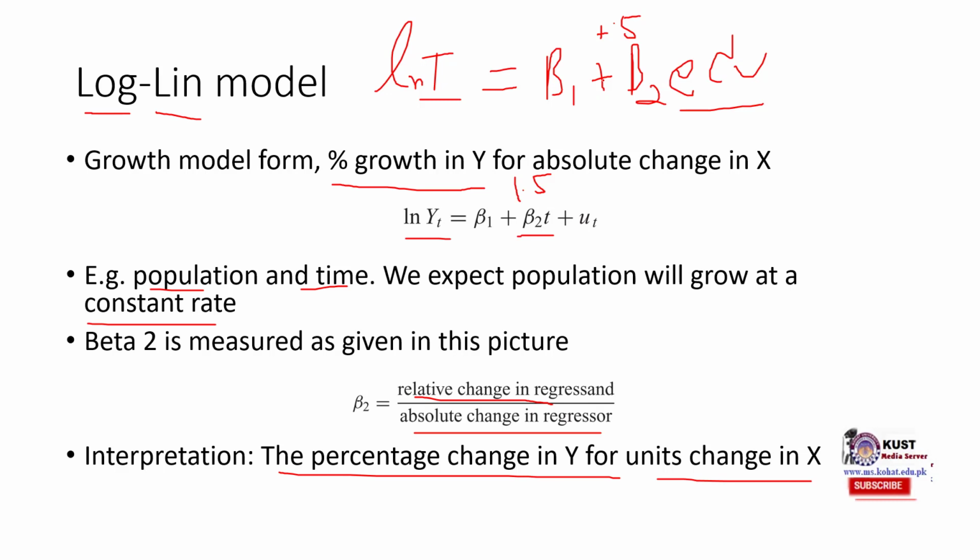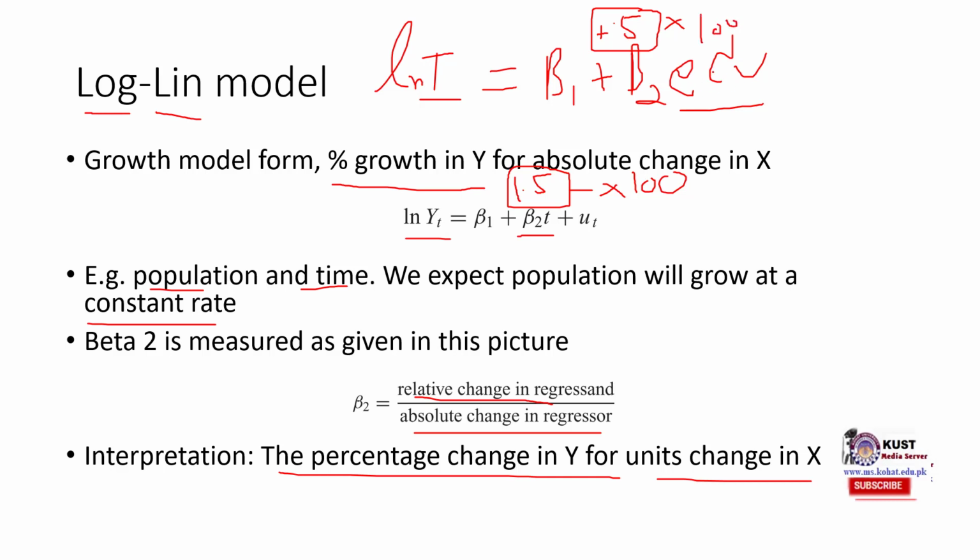Now, one mistake that I made here is that instead of saying it would increase by 0.5% or 1.5%, and this is the mistake that we normally make, we need to multiply it by 100. So in this case, the change would be 0.5 times 100, that would be 50.